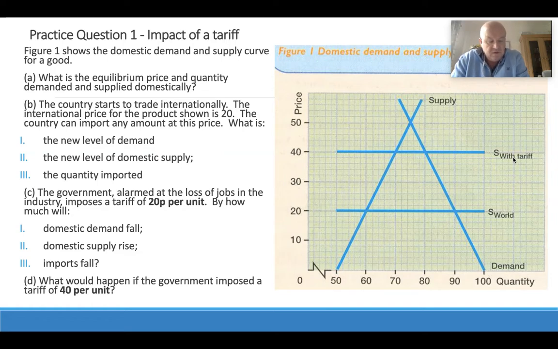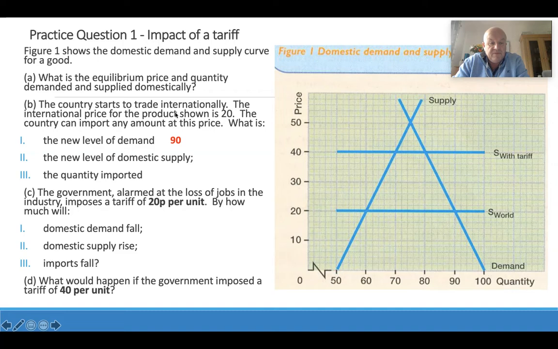This example is showing domestic demand and supply for a particular good. So what is the equilibrium price and quantity demanded and supplied domestically? That's the first question we're going to be looking at.